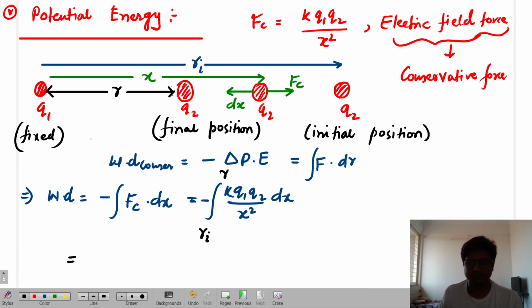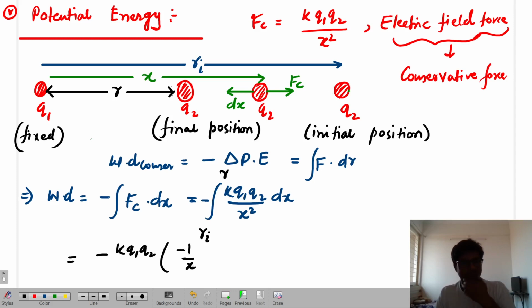It is exactly equal to minus k q1 q2 times the integration of 1 by x square. The integration of x to the power of minus 2 will be minus 1 by x, because minus 2 plus 1 divided by minus 2 plus 1 gives minus 1 by x, and that is from r initial to r final, means r, isn't it?